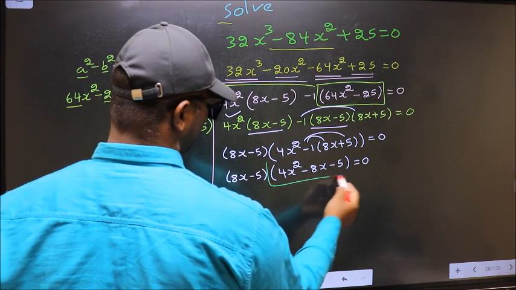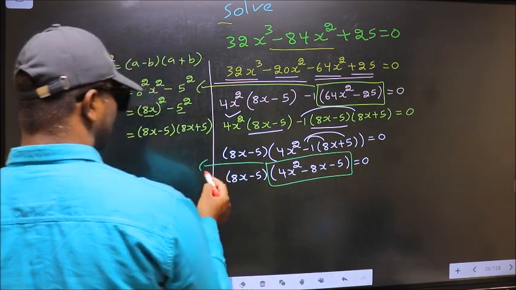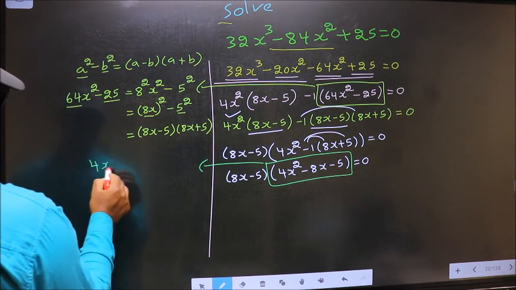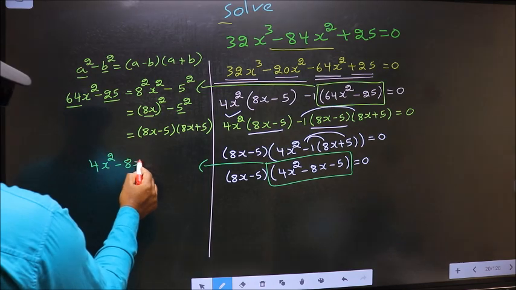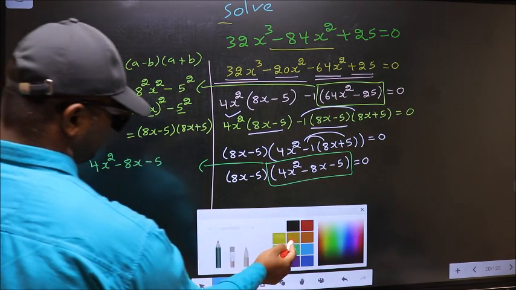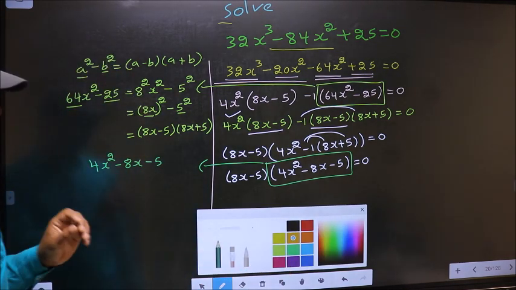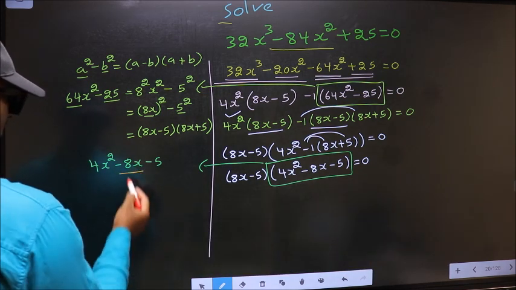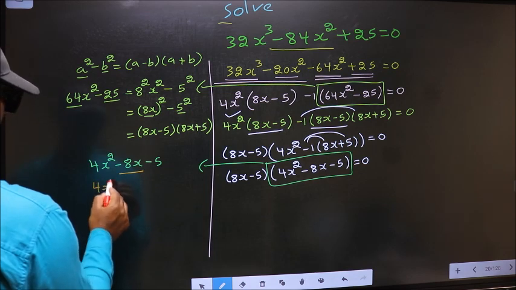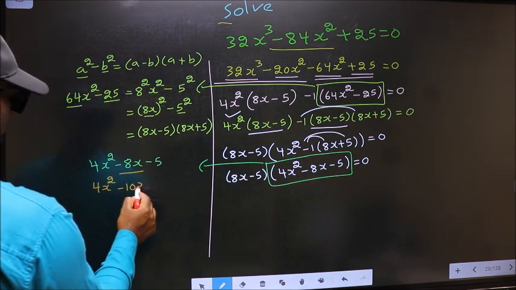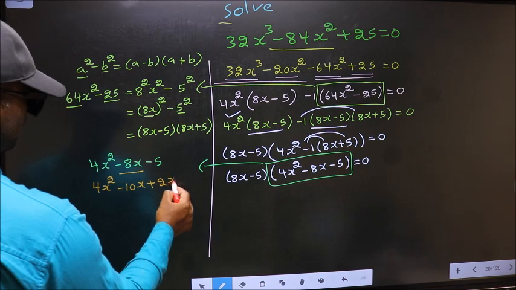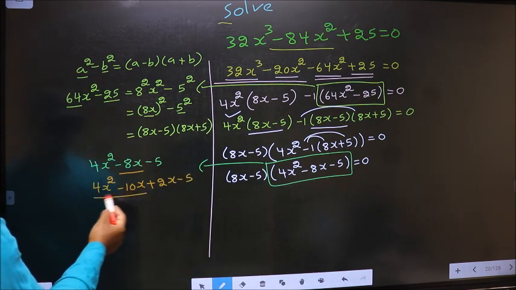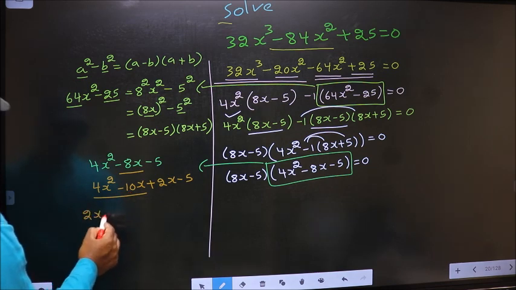Now this quadratic, I will factorize it here, that is 4x square minus 8x minus 5. To factorize this, we should split the middle term, minus 8x. So in place of minus 8x, now I write minus 10x plus 2x minus 5. Next, what can be taken out common from these two terms is 2x.